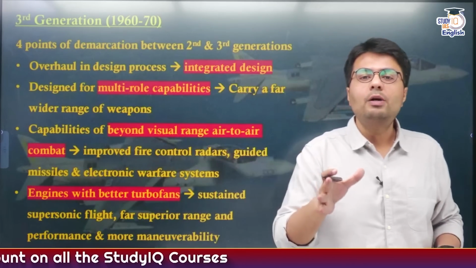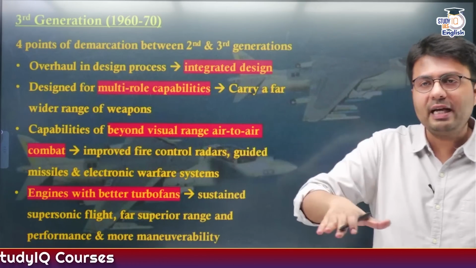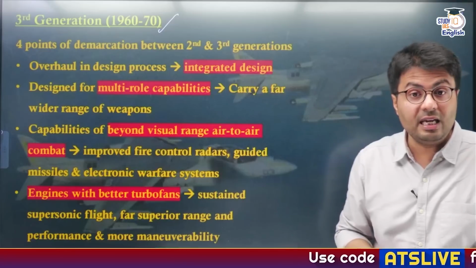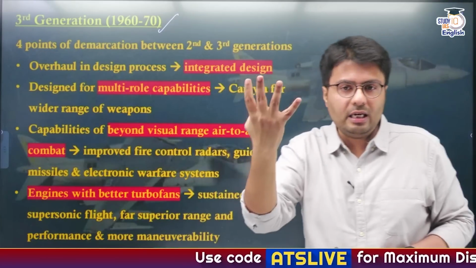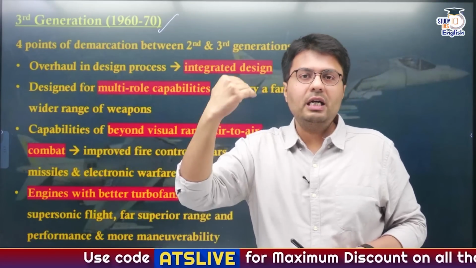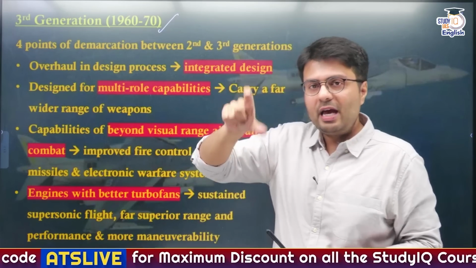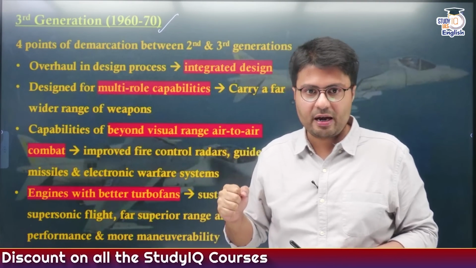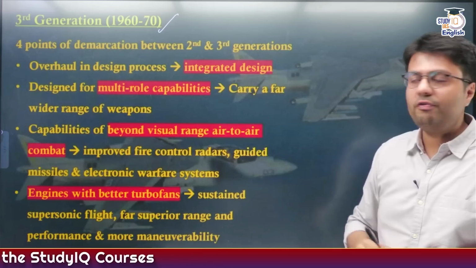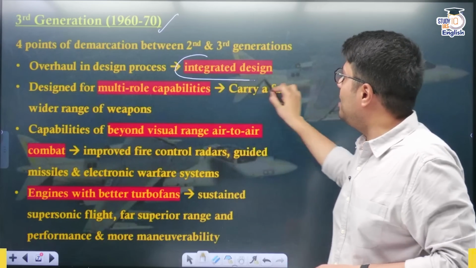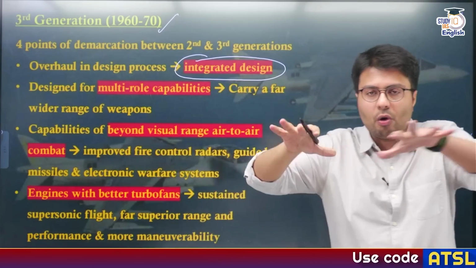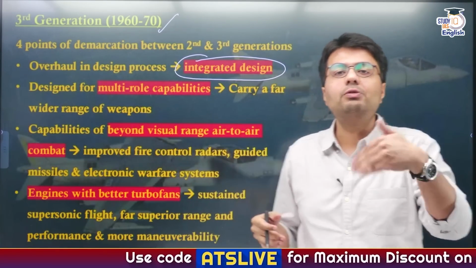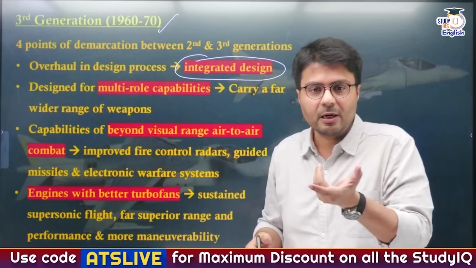Now let us understand what happened in the generation after second, that was the third generation, that is in the decade of the 1960s. And here four technological developments happened, which helped third generation fighter aircraft to segregate from second generation fighter aircraft. First of all, the third generation fighter aircraft were designed with an integrated design, that is all the components were designed together, not individually, which made these aircraft much better.